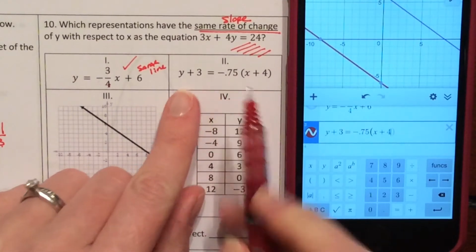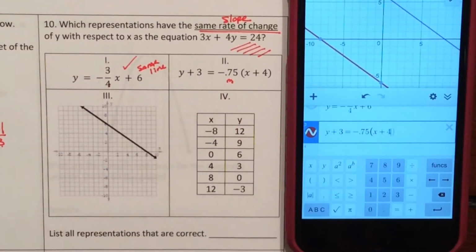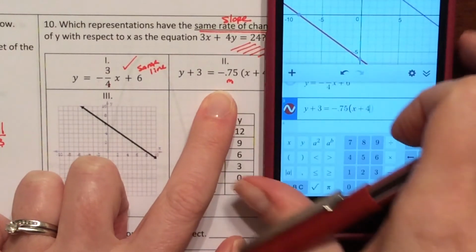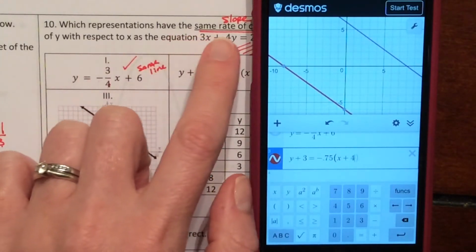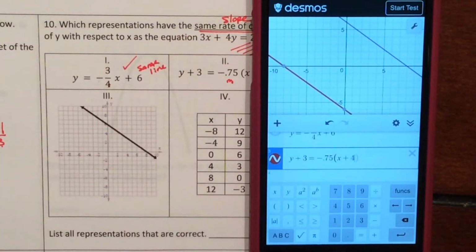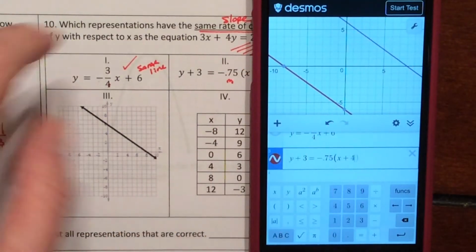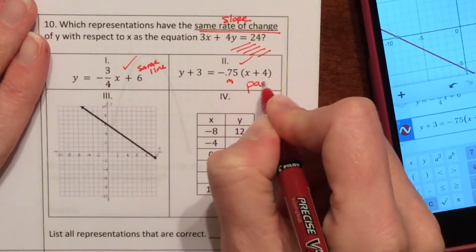So that's the same. This is our slope value. If you look at your formula chart, you can see that the m is in this spot. So now we're going to look at our picture. Do these have the same rate of change? Do they have the same slope? And so when you look at your picture, yes, they are parallel. So I'm going to give it a check, and I'm going to write a note that they are parallel.